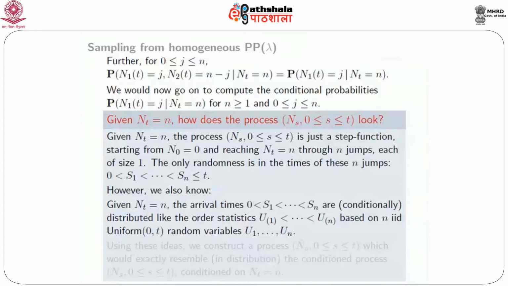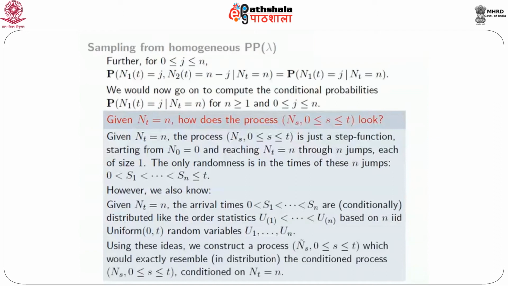So paths are just step functions that start from 0 and reach n at time t, and the way they go from 0 to n is through n many jumps, each of size 1. That's what the typical path of N_s for s between 0 and t would look like given N_t equal to n. The only randomness is in the times of these n jumps, namely S1 less than S2, etc., less than S_n less than or equal to t.